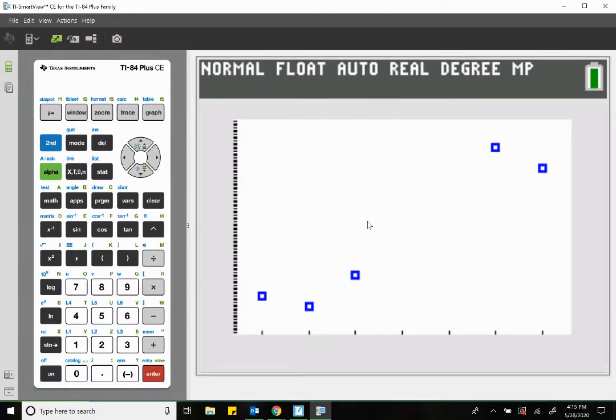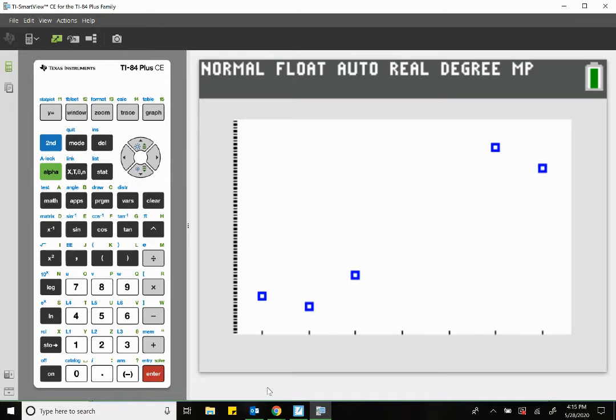There's our data as a scatter plot. I'd rather use StatCrunch than this. But again, the scatter plot is not what we're after. What we're after is the correlation.